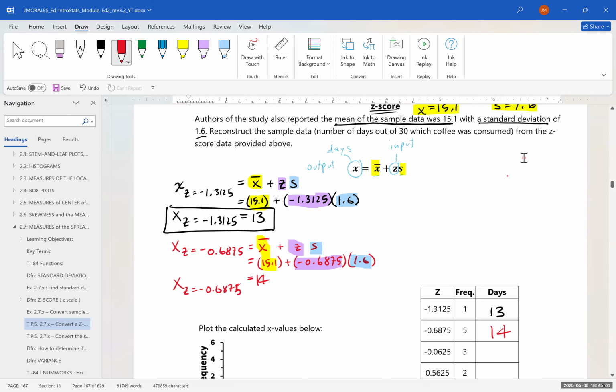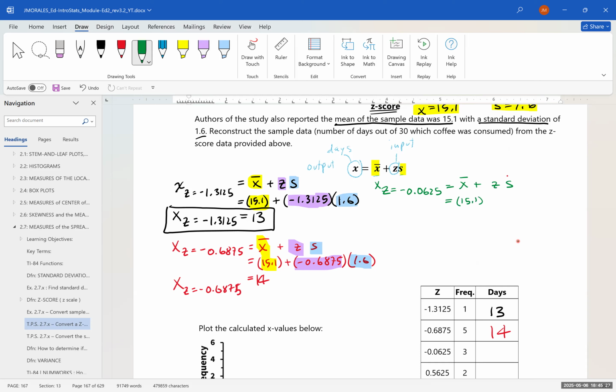Let's do another one, which is also negative. x when z is negative 0.0625 is equal to x bar plus z s.